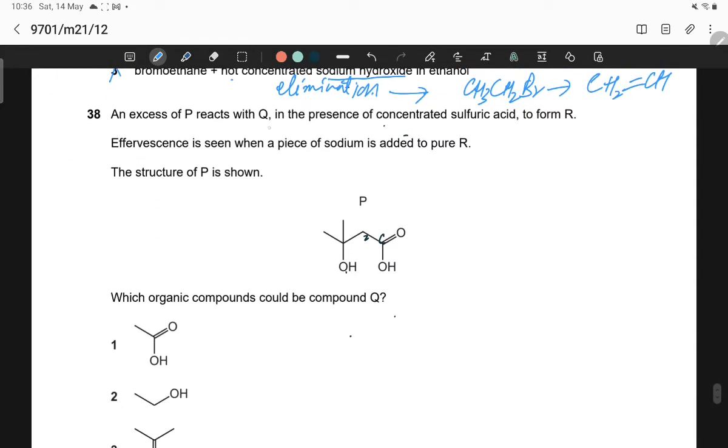An excess of P reacts with Q in the presence of concentrated sulfuric acid.